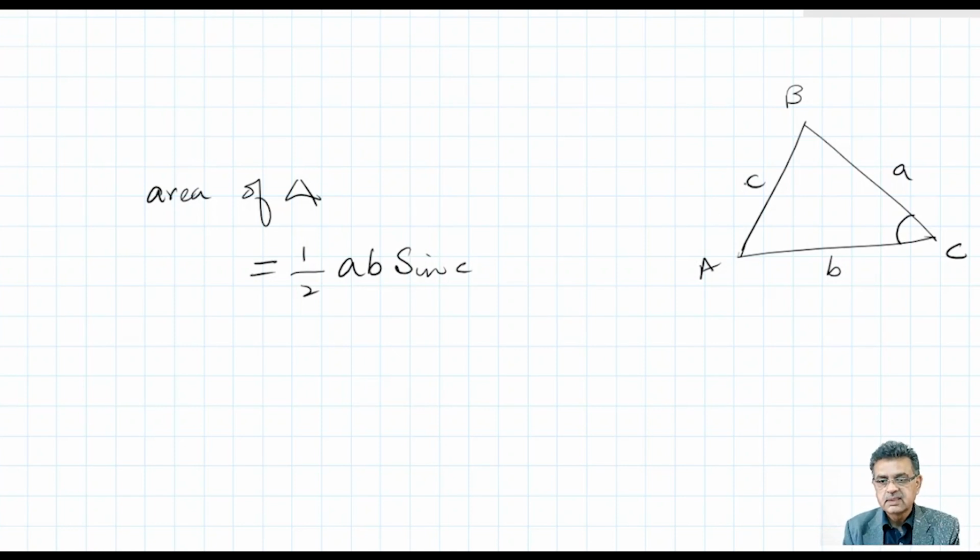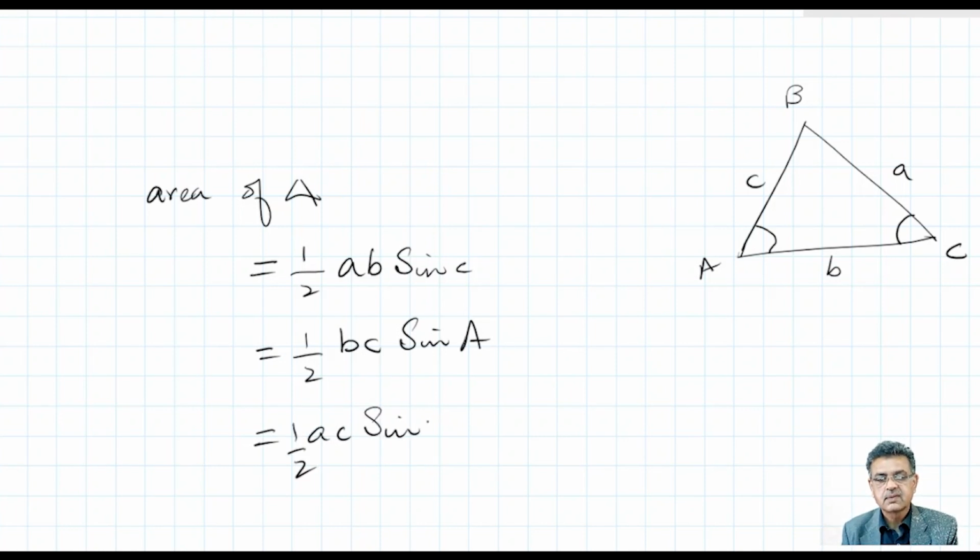If you consider the sides B and C, then sine of angle A will be taken. Now it will be half BC, then it will be sine of A. And if it is AC, half AC, then sine of B.